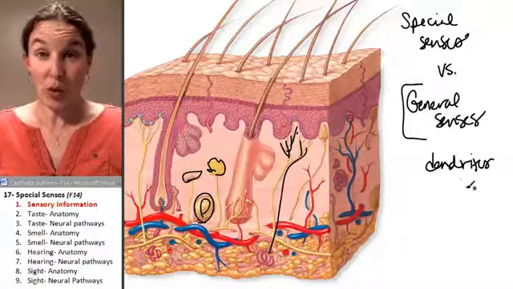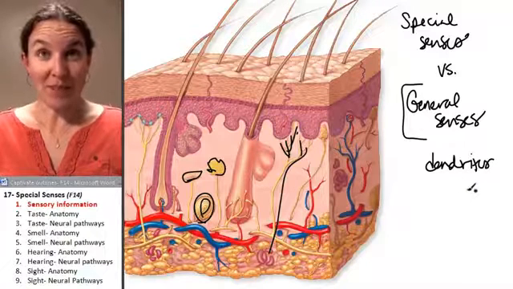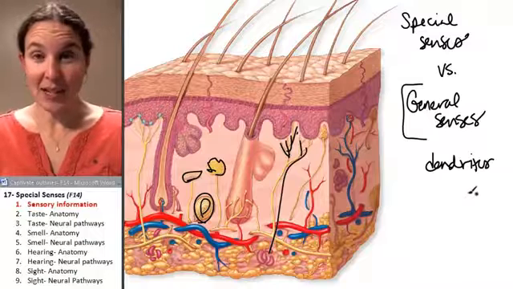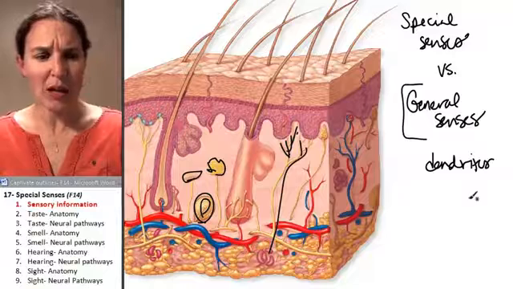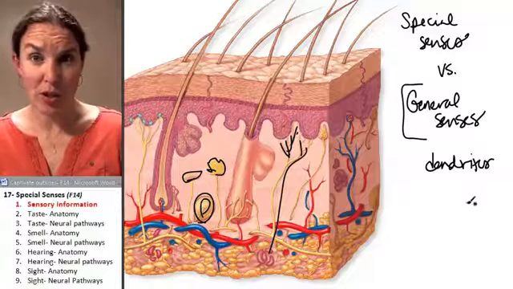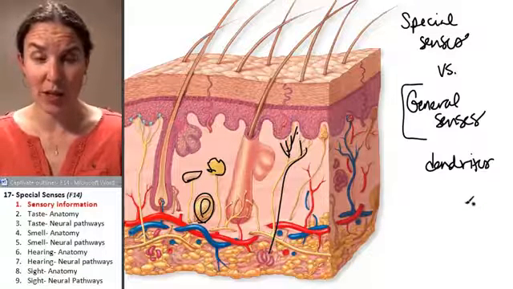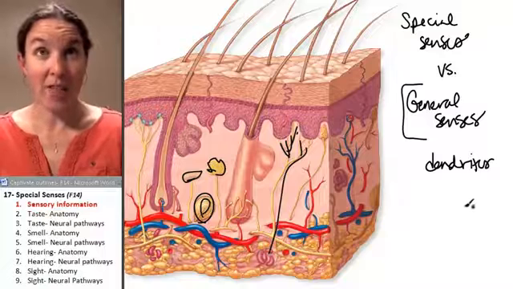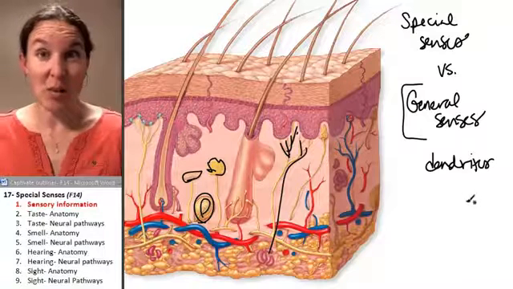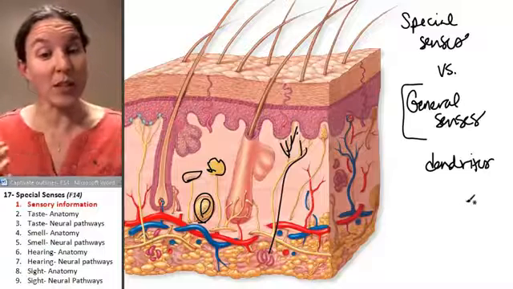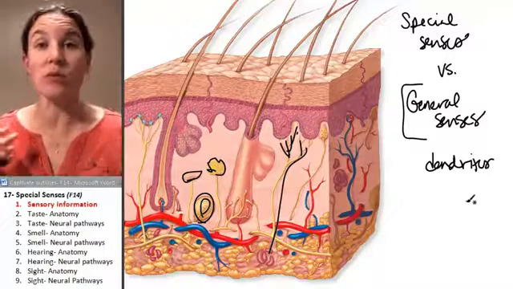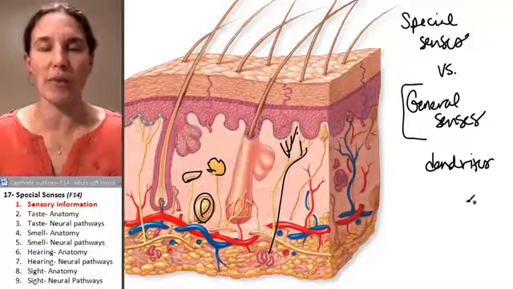When I say that there's two flavors, I didn't say that there were two flavors of sensory information. I said there were two anatomical structures when we're talking about the sensory nervous system. We can have special senses facilitated by our special sensory organs, or general senses facilitated by general structures that are found all over.